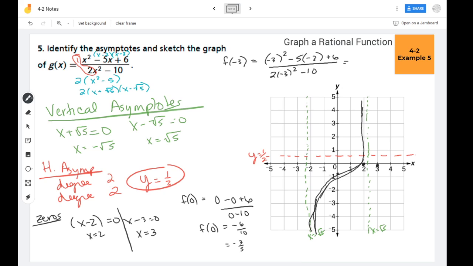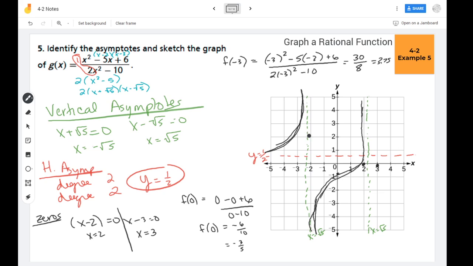So the top of this fraction is equal to 30. Down here, the bottom of the fraction, -3 squared is 9, times 2 is 18, minus the 10 is 8. And so if I do 30 divided by 8, I get 3.75. So at -3, I'm at 3.75. So this is graphing up like this.